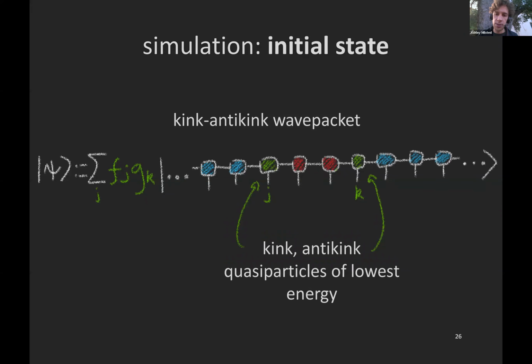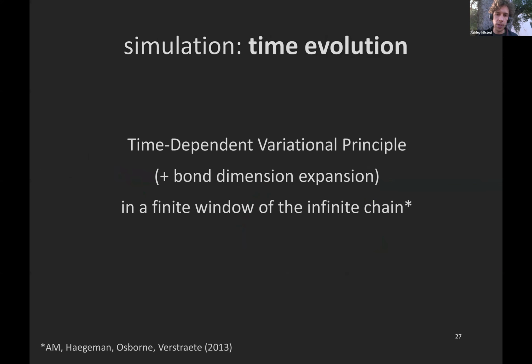So for our simulations, we choose the kink and the anti-kink quasiparticles of this effective Hamiltonian. We choose them to be the kink and the anti-kink of lowest energy, but we could have chosen them, since there is a higher energy kink, to be higher energy. But we chose the lowest energy ones for our simulations.